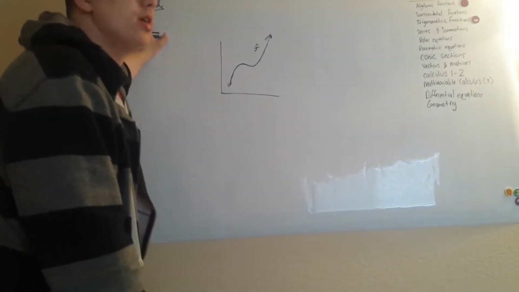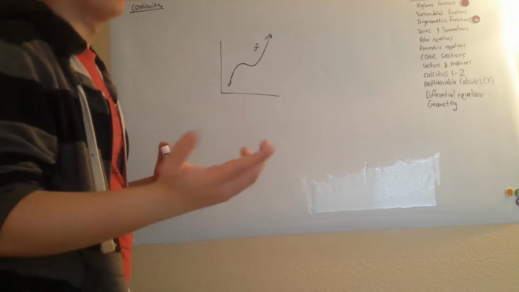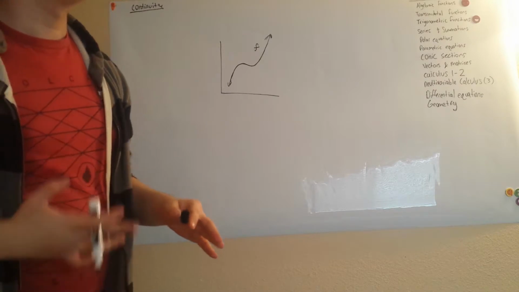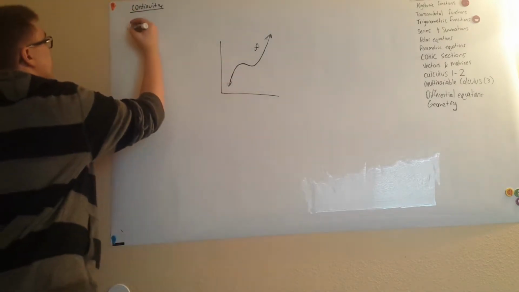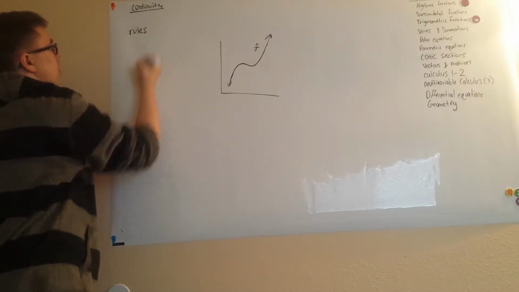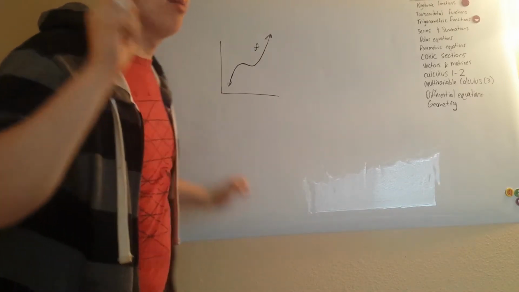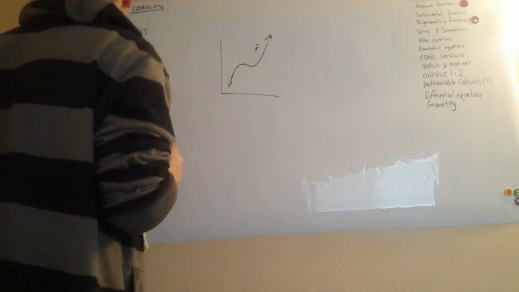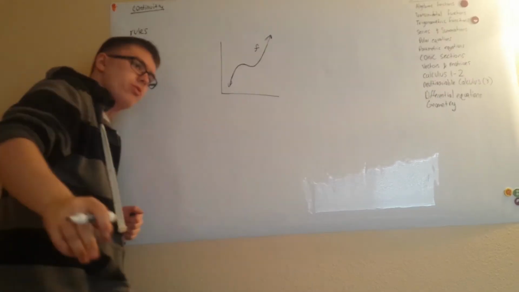Now, there's a more precise definition of a function that's continuous using limits. So, if a function is continuous, it has to follow these rules. If a function is continuous at a point, here are the rules.